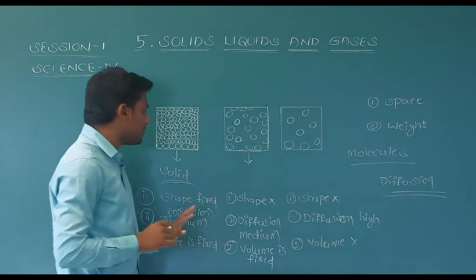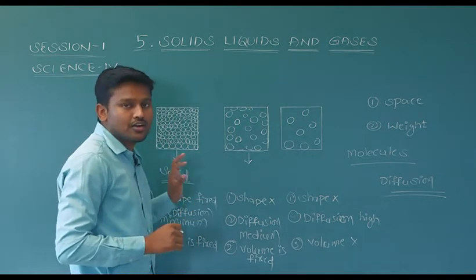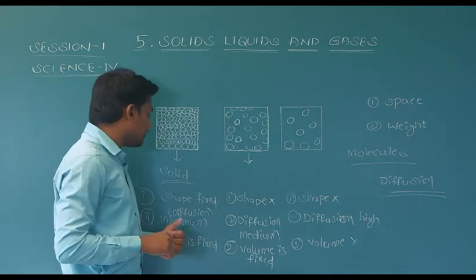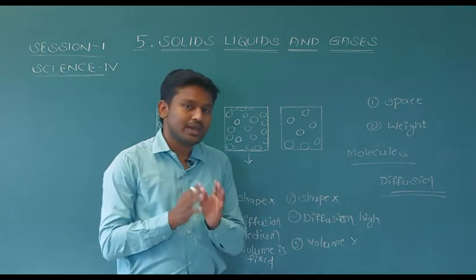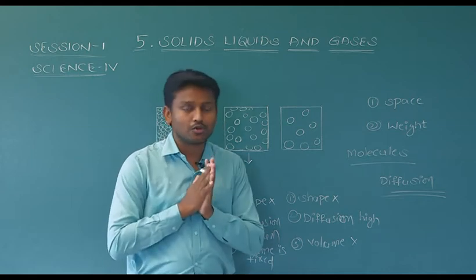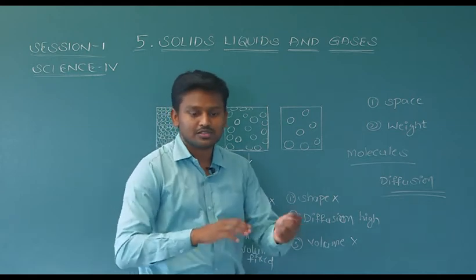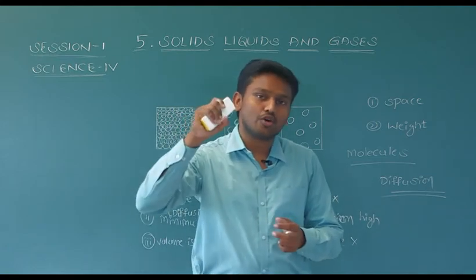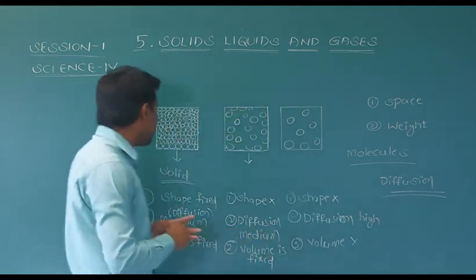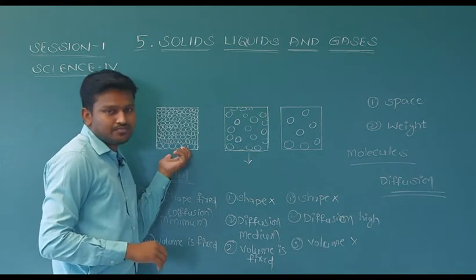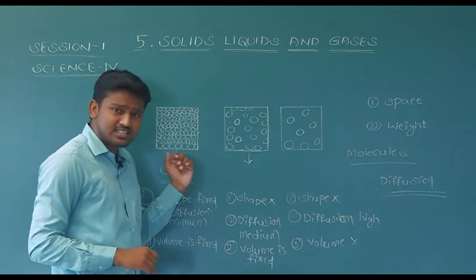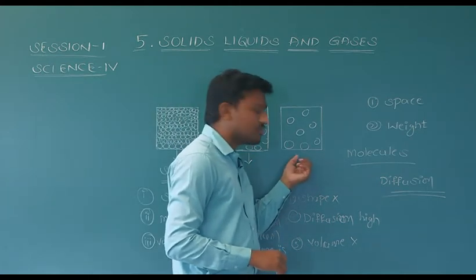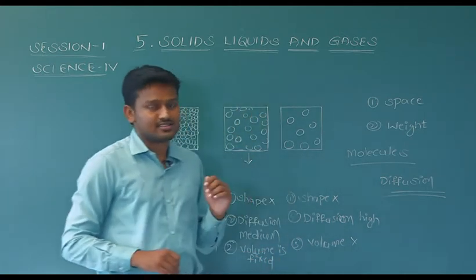So, now we have seen three main important properties: shape, diffusion, and volume. There is another property also, compression. Compression means at what extent we can compress the object. This compressibility is least in solids, medium in liquids and maximum in gases.